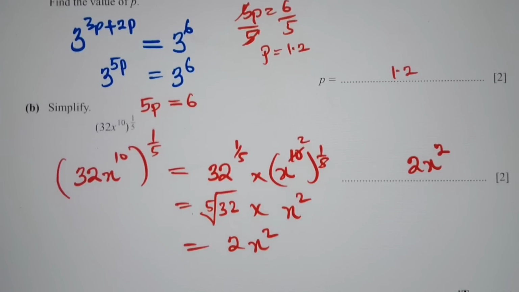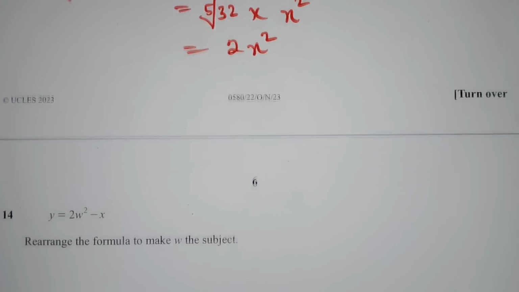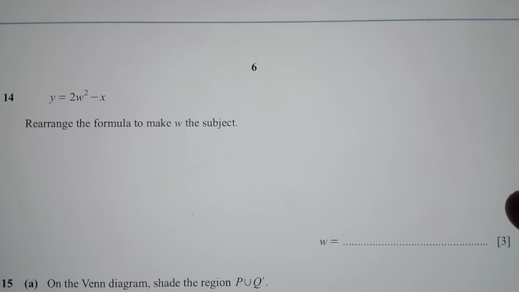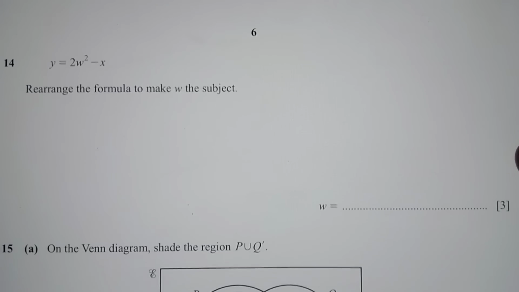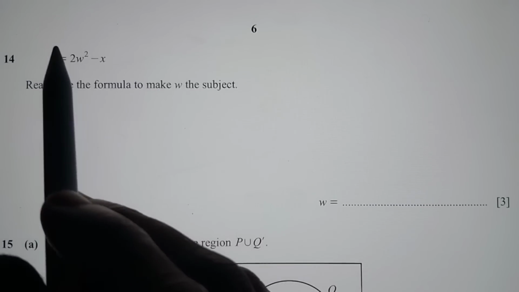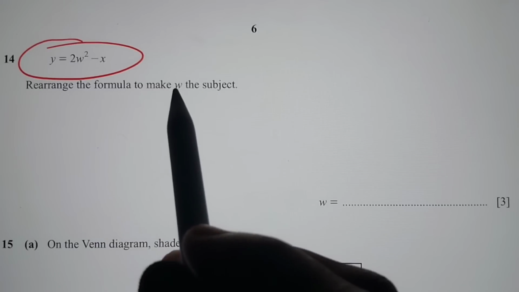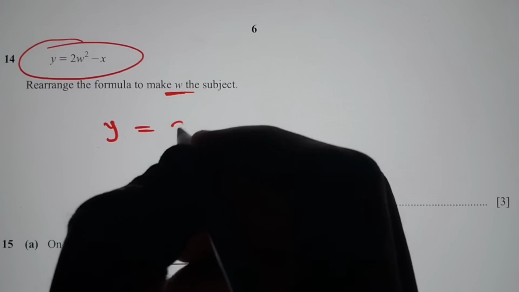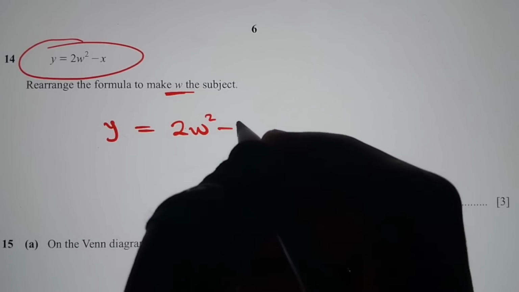Moving on to question 14. Question 14 says that we should rearrange this formula to make w the subject of the formula. So this is y equal to 2w squared minus x.